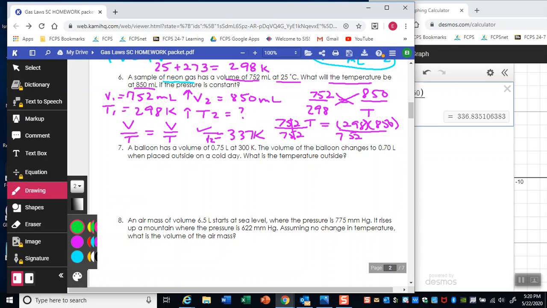So here we go. We've got a balloon with a volume of, so your balloon problems are usually your gas problems. Got a volume of 0.75 liters and a temperature of 300 kelvins.